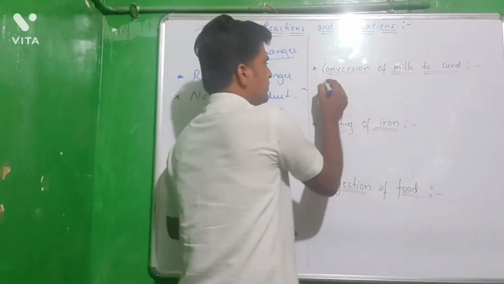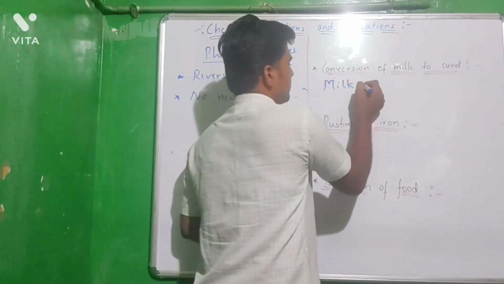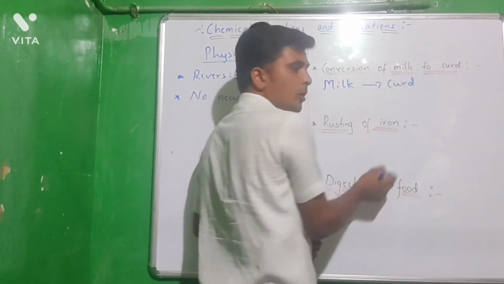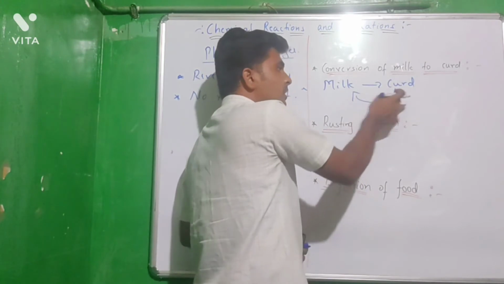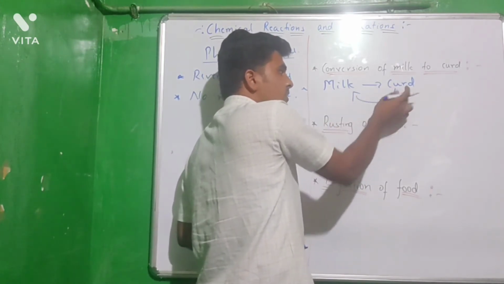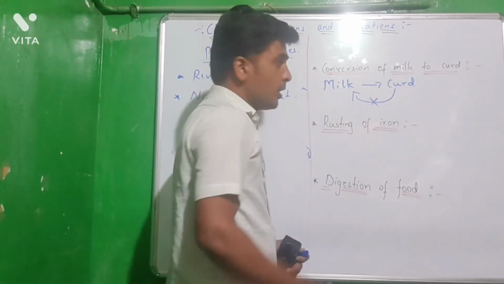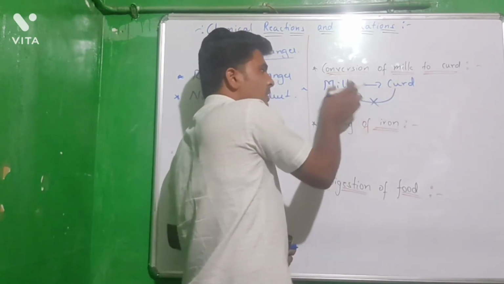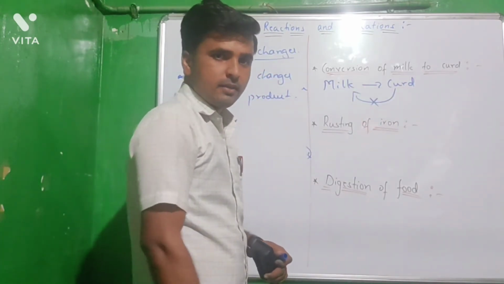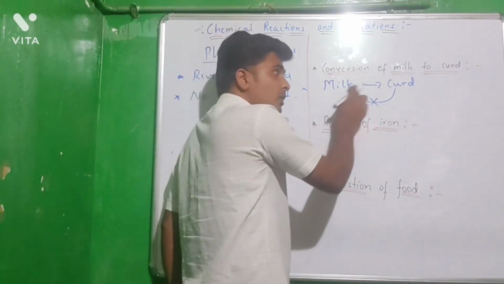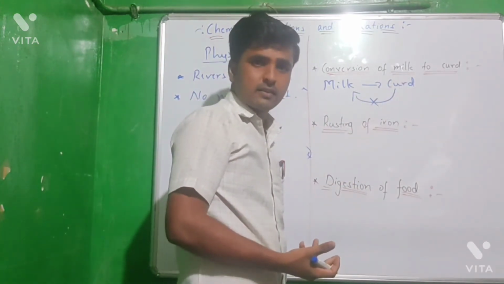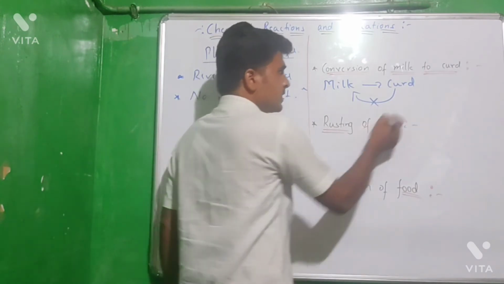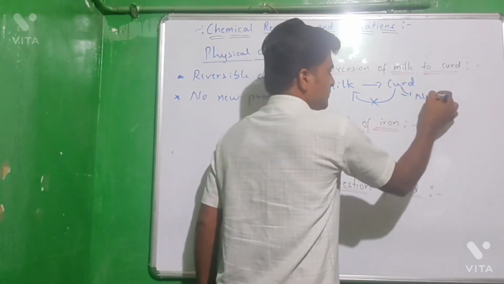Here the milk is converted into curd, but we cannot convert the curd into milk. We get curd from the milk, and curd is a new product in this case.